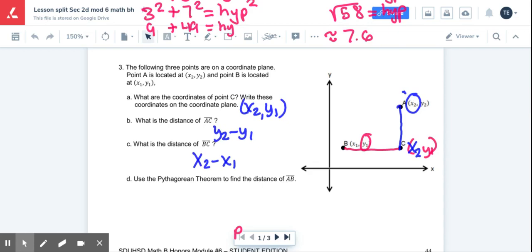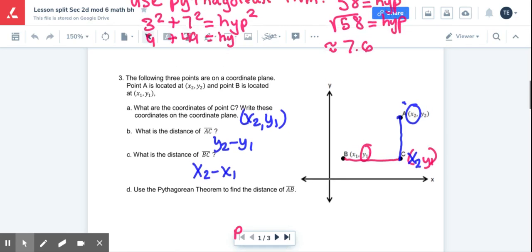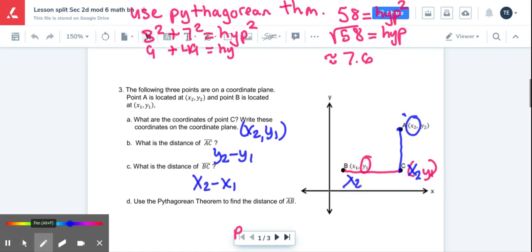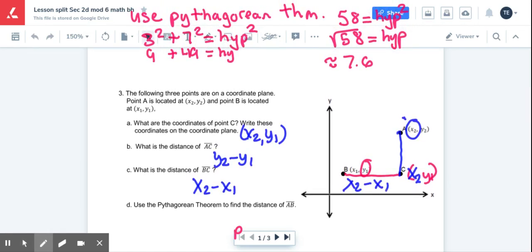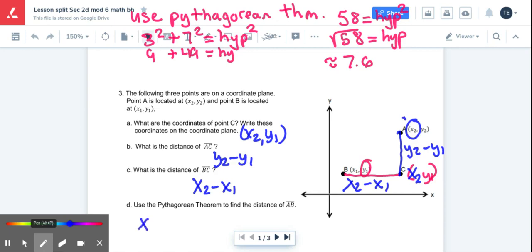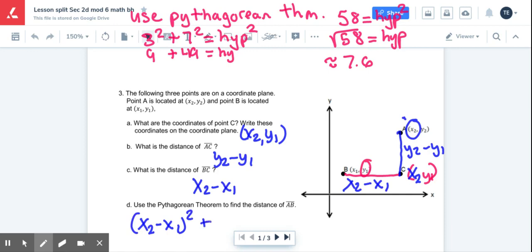And again, we would take our short leg, I don't even know if it's our short leg, but one of our legs, x sub 2 minus x sub 1, and our long leg, y sub 2 minus y sub 1. And we're going to square those distances. So we get x sub 2 minus x sub 1 squared plus y sub 2 minus y sub 1 squared equals the hypotenuse squared.